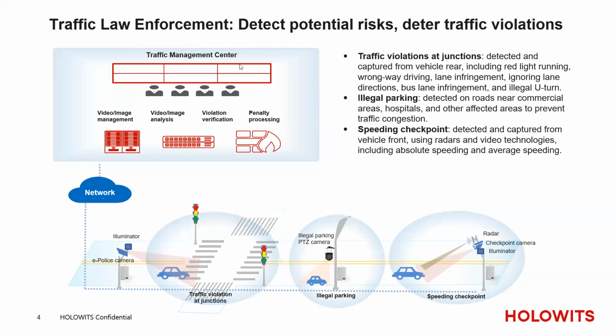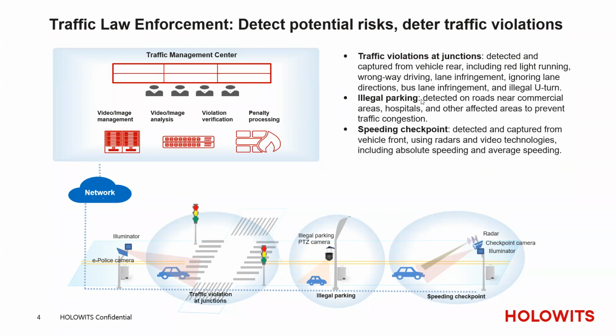So this is our traffic management center, like just have somebody sitting in front of the screen, and we have the video image management, video image analysis, violation verification, and then processing. This is the traffic violations and at the junctions detect and capture from the vehicle rear, including red lights running and wrong way driving, something like this.